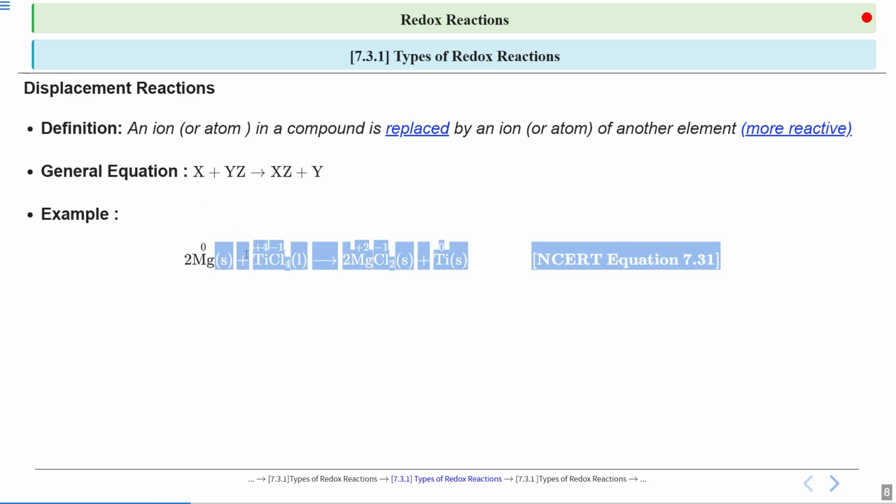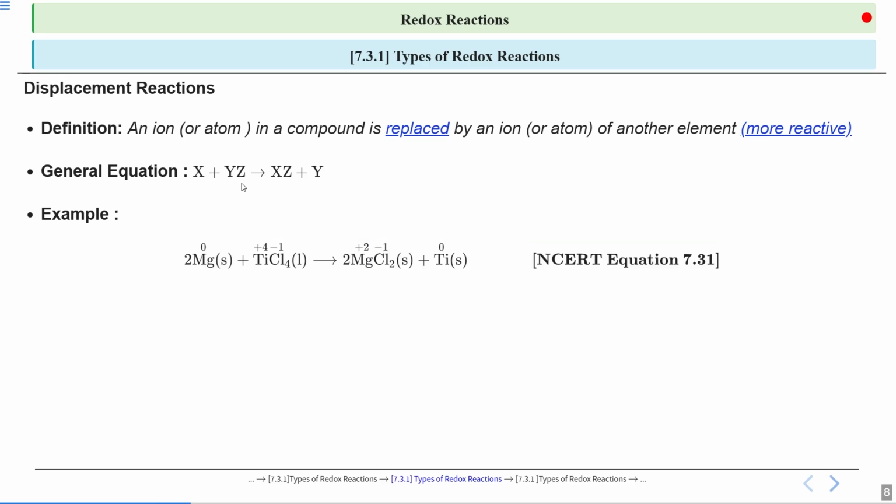This exchange of elements involves a transfer of electrons, which is the defining characteristic of a redox reaction. So we can conclude, in terms of electron transfer, that the more reactive element loses electrons, that means oxidation, while the less reactive element gains the electrons, that is reduction.